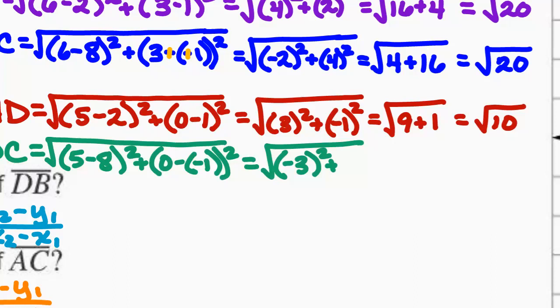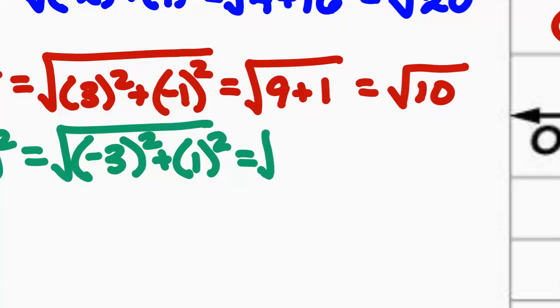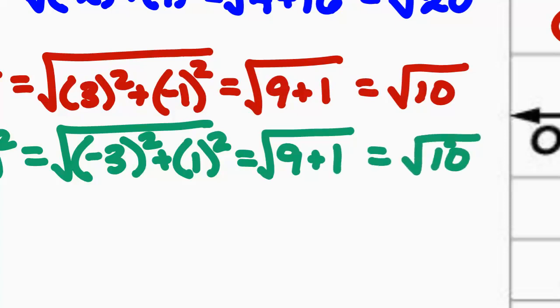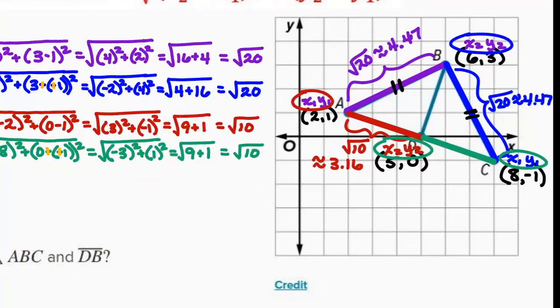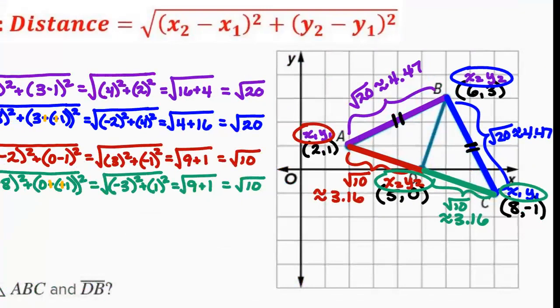When I subtract negative 1, that becomes plus 1. 0 plus 1 is 1, so I have 1 squared. Negative 3 squared, negative 3 times itself, so negative 3 times another negative 3 would be a positive 9. 1 squared is 1, so this is also the square root of 10, or about 3.16.